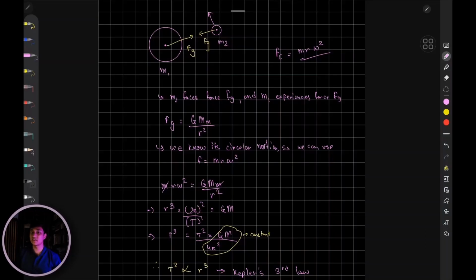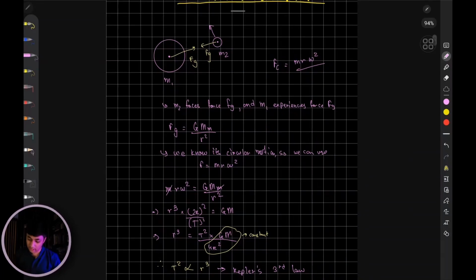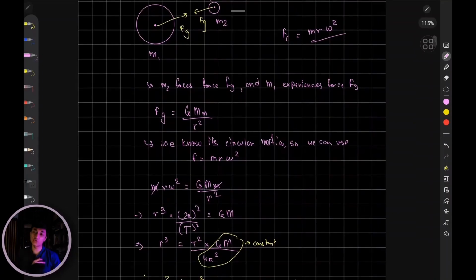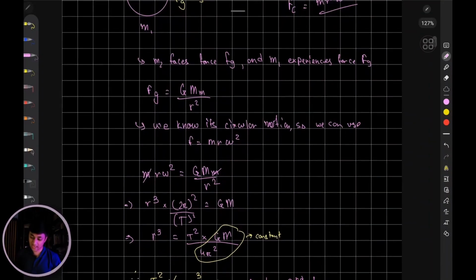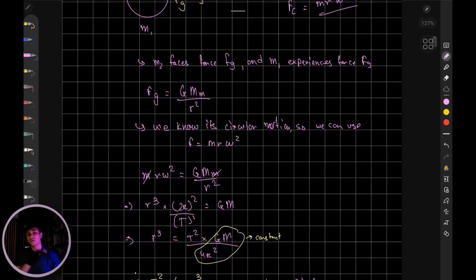At what rate is the moon revolving around the Earth? Right. And G M m over r squared: G is a constant, the mass of Earth is a constant, and the mass of the moon is actually going to be cancelled off from either side of the equation. And you have again the separation squared.